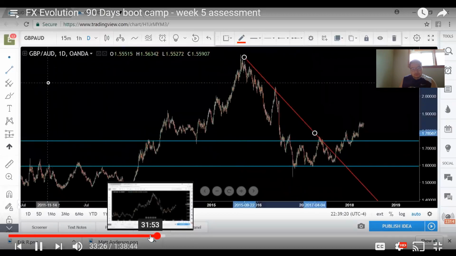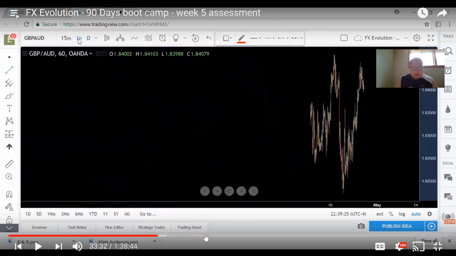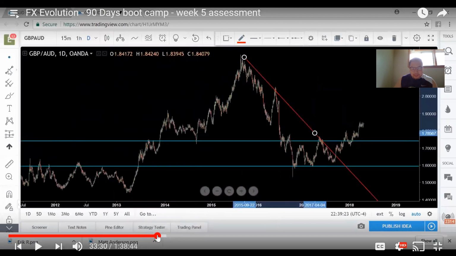All right, go to 1 hour. Sorry, 4 hour. Go to 4 hour. Let me back up a little bit to talk about that. So Reggie drew a nice price area here for support, which is fine because this is where market reversed to the upside. I like to see a support line here as well, so we get overall high and low. But we didn't draw any kind of resistance up here.